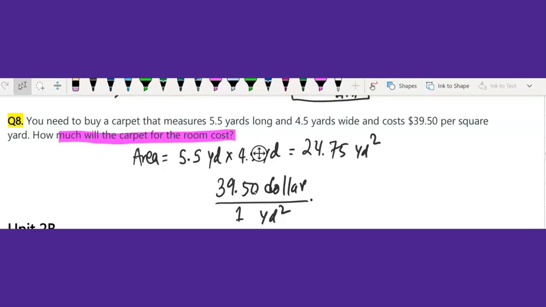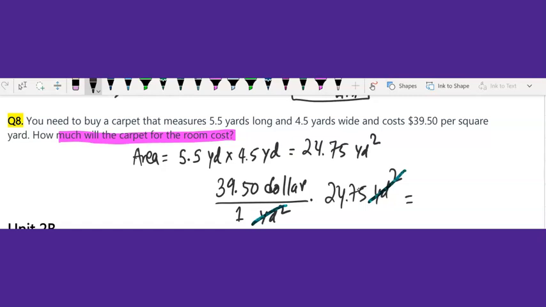So how many square yards do we want to put the carpet on? 24.75 square yards. How much does it cost? You multiply by 24.75, square yard cancels, and if you multiply these two numbers and divide by 1, you get the amount of cost.